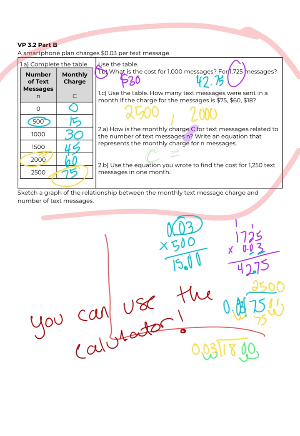Which gives us 18,000. And then doing the math, 18 divided by 3 is 6, and then you have 2 zeros, which are place values, so you'd say 600. So 600 texts.